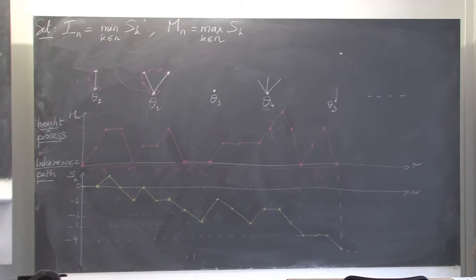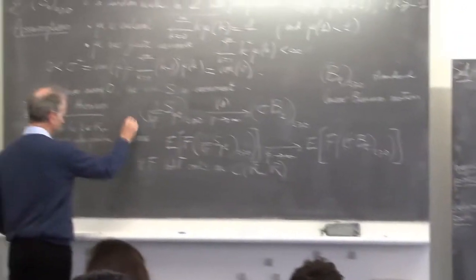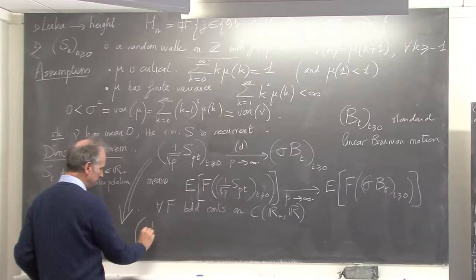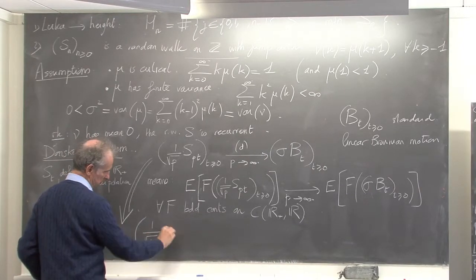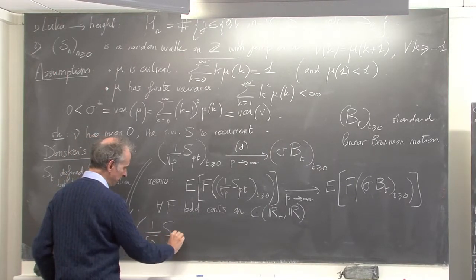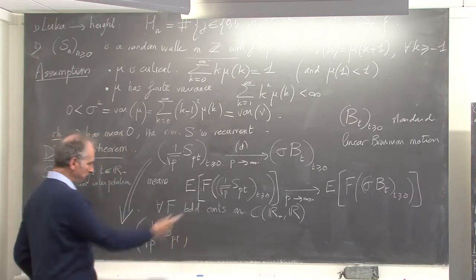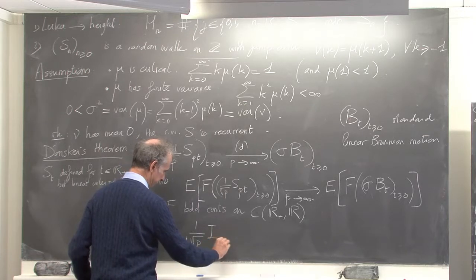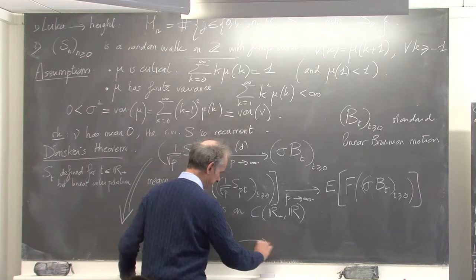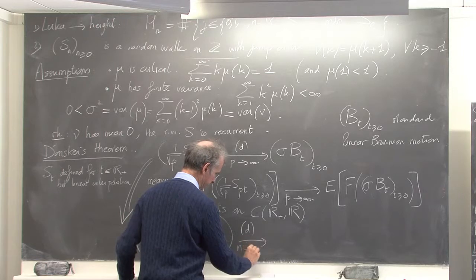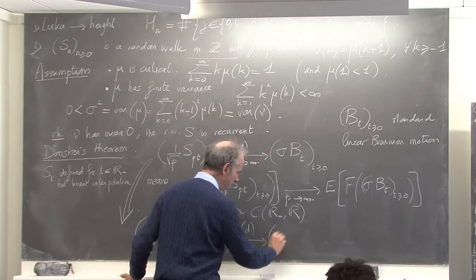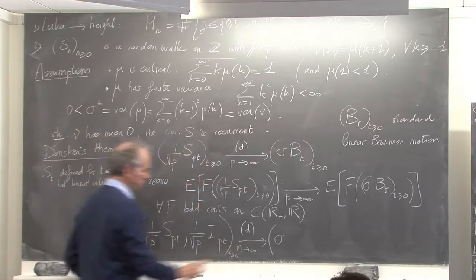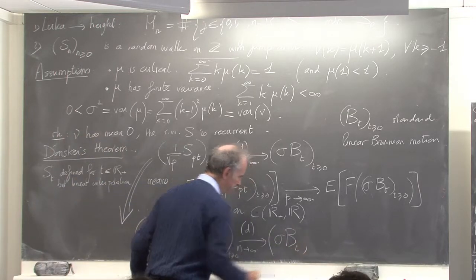So a consequence of the result which is here is that you can state a slightly more general convergence by looking not only at the random walk but also at its minimum. And what you get in the limit, you already know for the first component because it's Brownian motion multiplied by sigma.